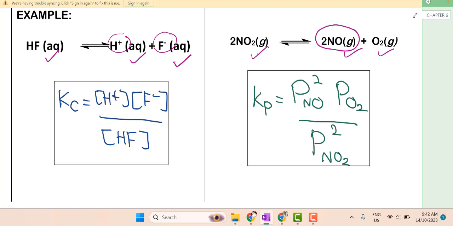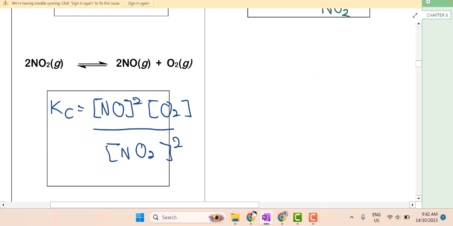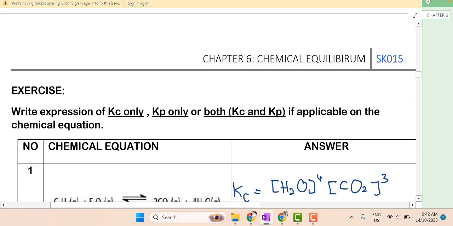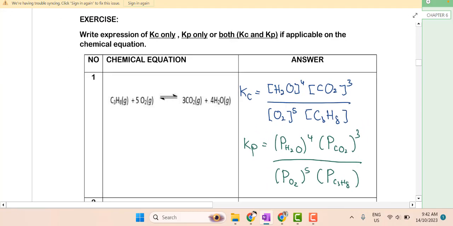Kp takes gas only. Another example for Kc: because Kc takes gaseous state, all of these will be expressed in concentration. Please take note that the stoichiometric coefficient will be the power. The same goes for this one. Now we look at another example of the expressions Kc and Kp.